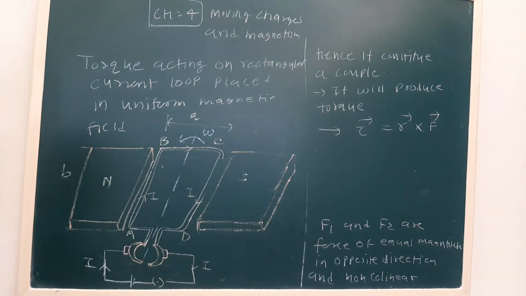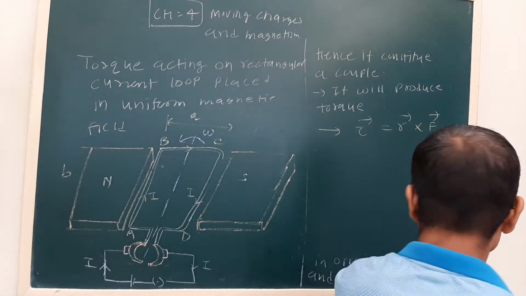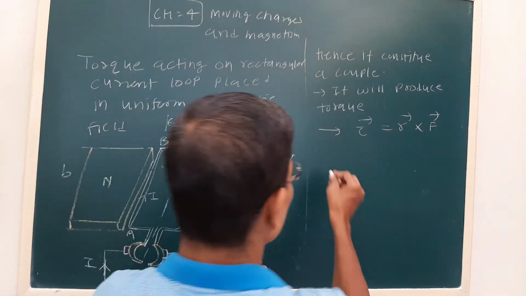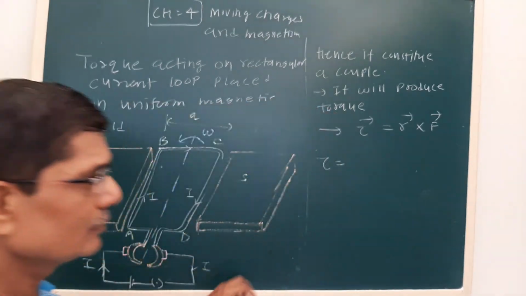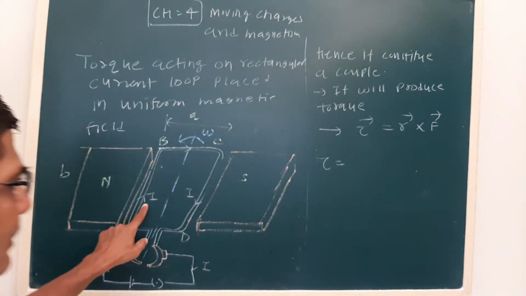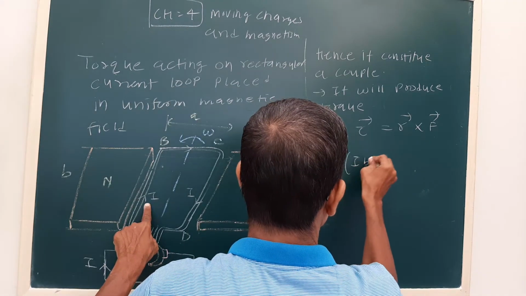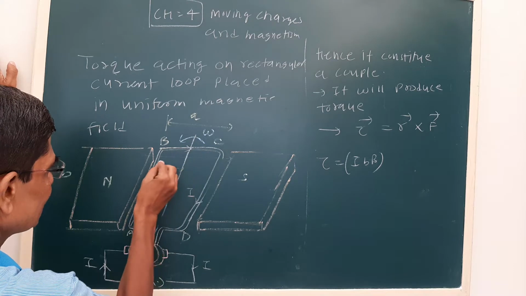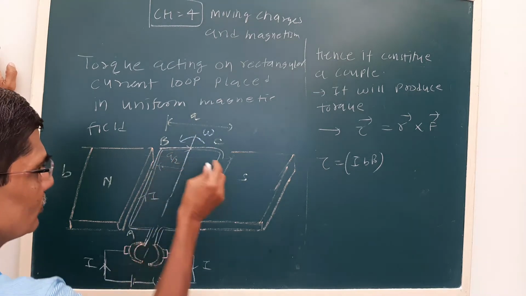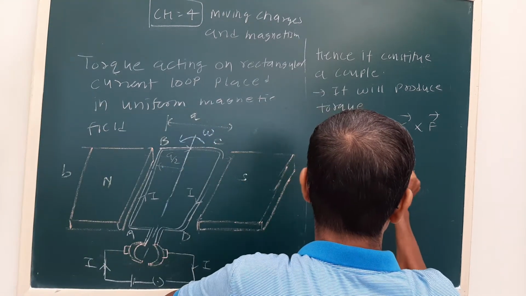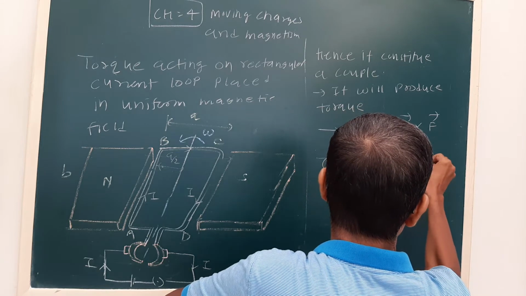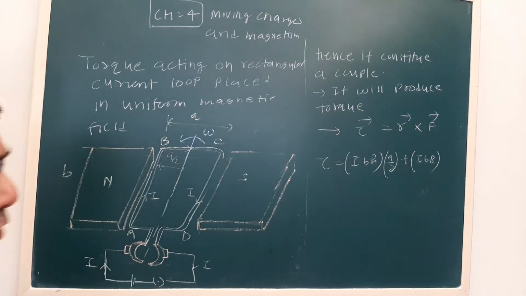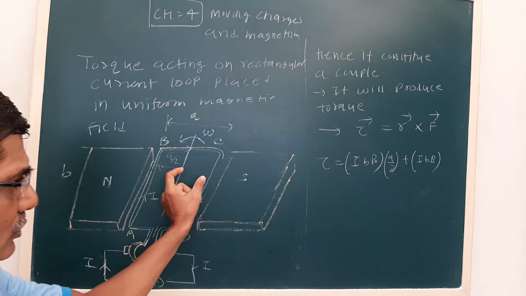Now what is the formula of the torque? Torque is force into perpendicular distance. Right now we write down only the magnitude part. The torque because of these two forces, each IBb, and the perpendicular distance from the axis: the total length is a, so this will be a by 2. Same way here, IBb is the magnitude of the force and this distance also will be a by 2.